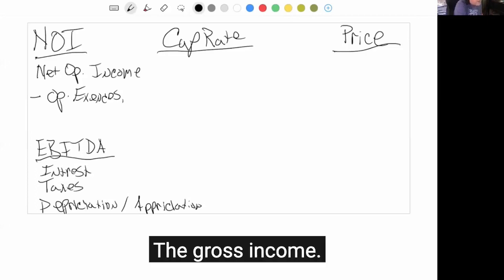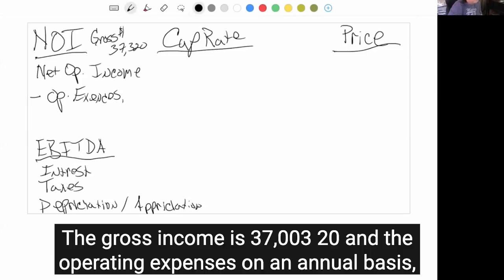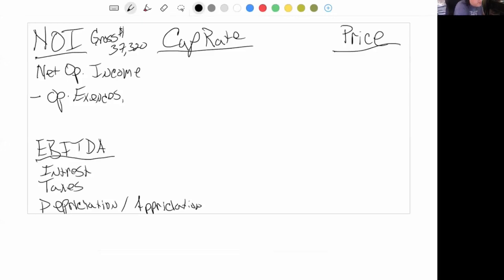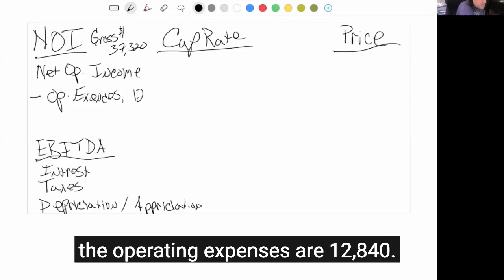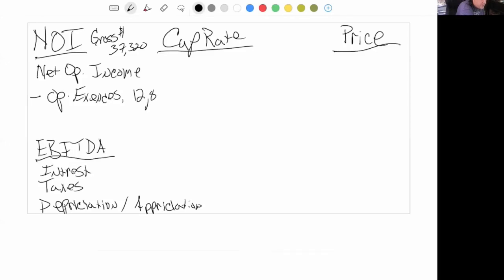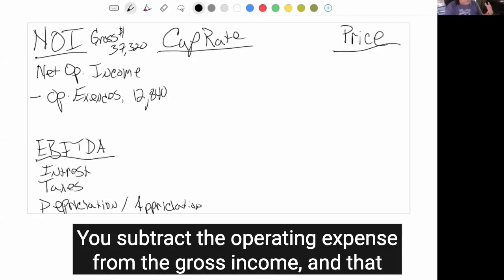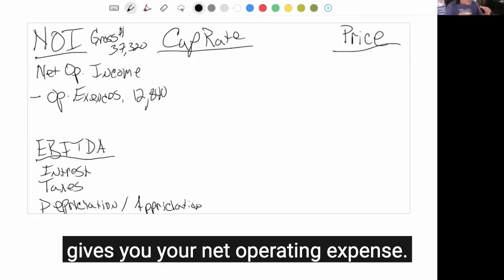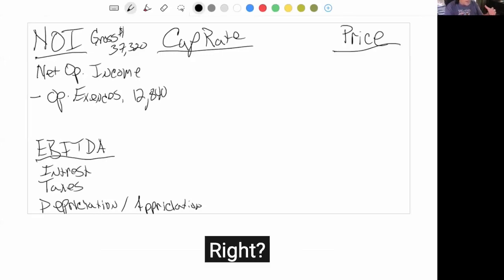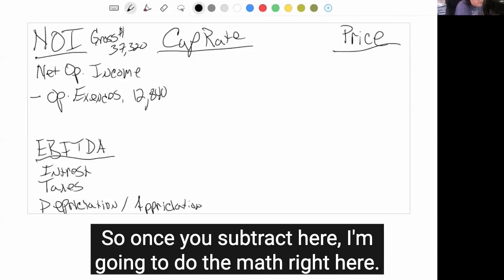The gross income is $37,320, and the operating expenses on an annual basis are $12,840. So you subtract the operating expenses from the gross income, and that gives you your net operating income. I'm going to do the math right here.